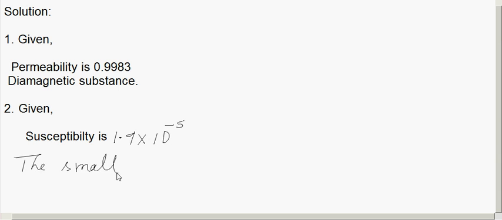A small and positive value of susceptibility represents paramagnetic substance.